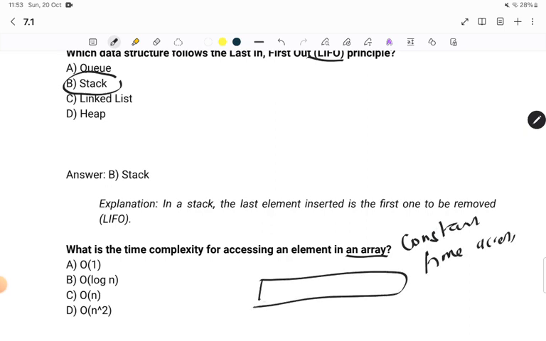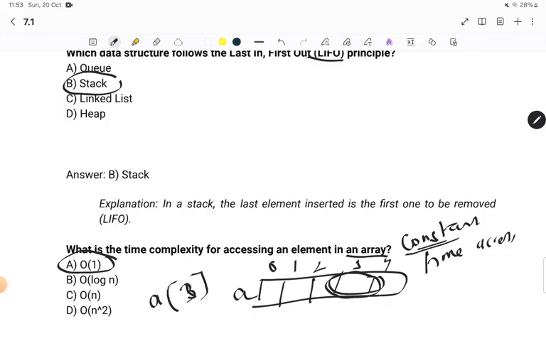In an array, indexed 0 1 2 3 4, suppose the name of the array is A. If you want to access this element, you can directly access it using the index A of 3. Hence it always provides constant time access. So can you tell me which is the constant? Yes, O of 1 is constant time access.